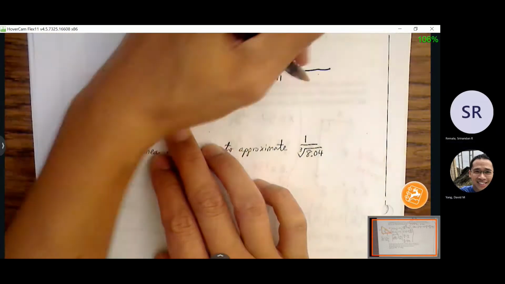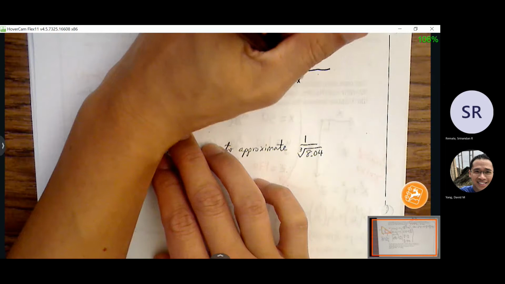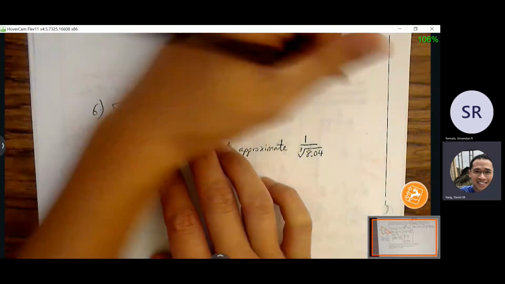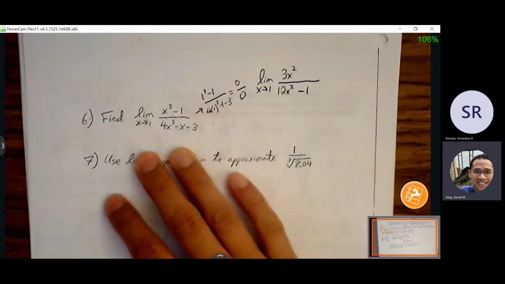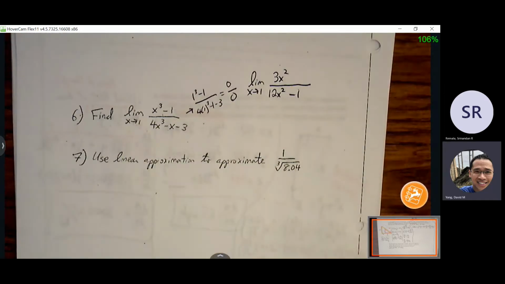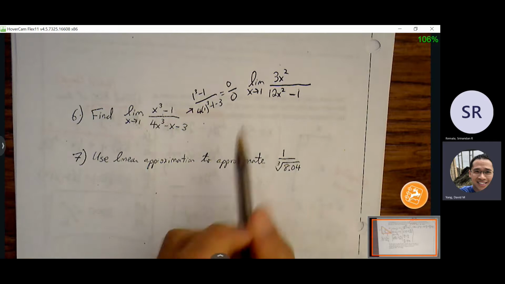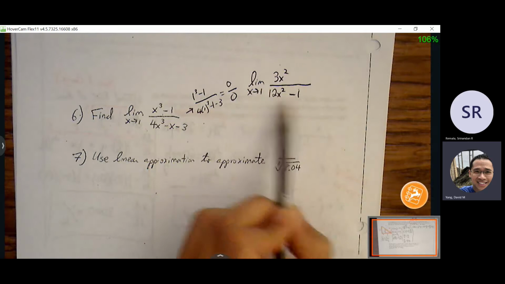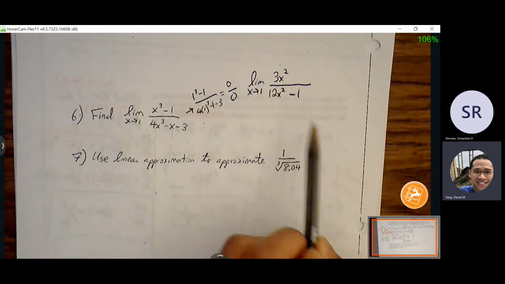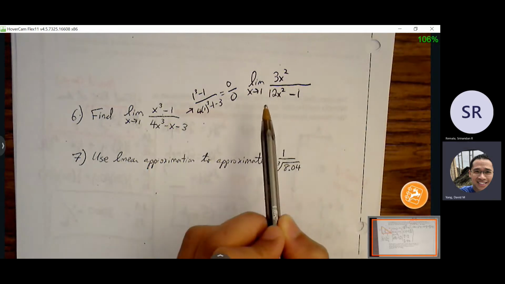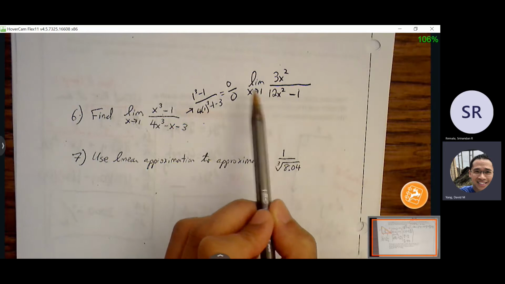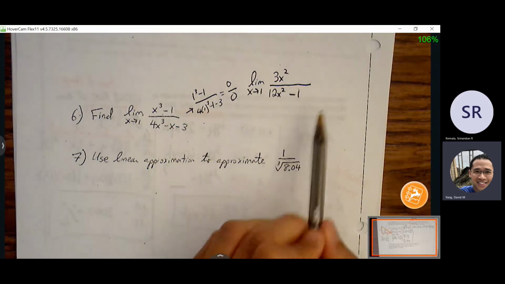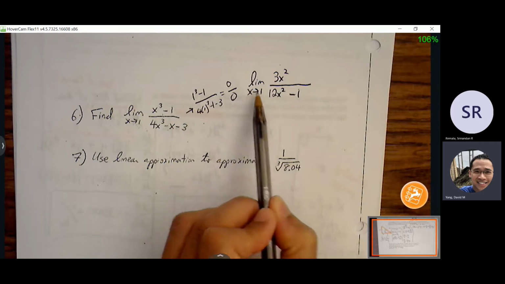Denominator, 12x squared minus 1. Okay. As soon as you apply L'Hopital's rule once, you have to reevaluate. We can't just blindly keep finding the derivative before reevaluating. The only time we can do L'Hopital's rule a second time is if we get another set of 0 over 0. So let's reevaluate.